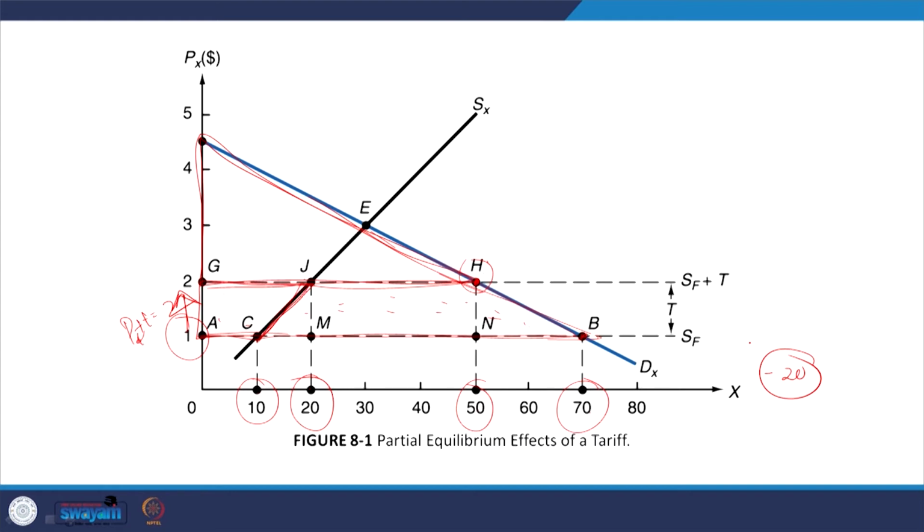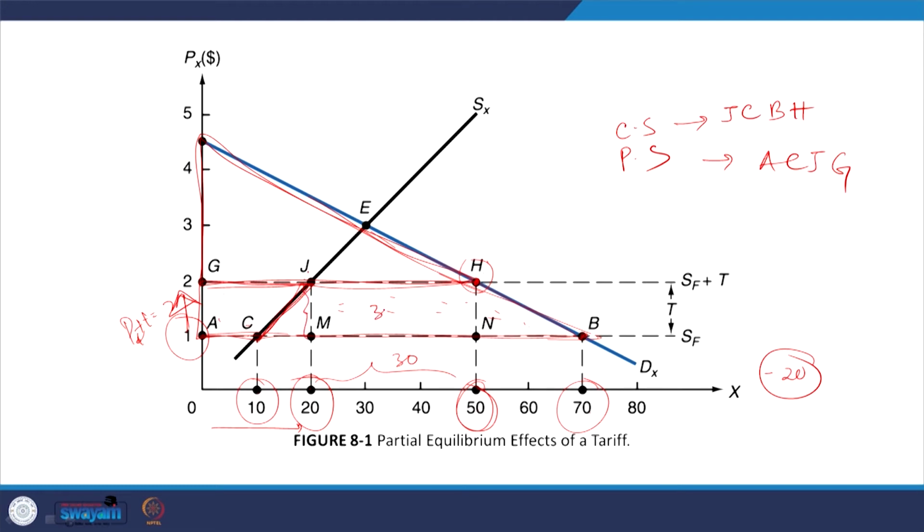Now, consumer surplus and producer surplus can also be derived. So, producer surplus is nothing but the area A, C, J, G, as we have already discussed, whereas consumer surplus is the area J, C, B, H. Now, out of all those things, how much is imported? 20 units are produced by the domestic producers, but 50 units are still consumed, so the net import is 50 minus 20, which is basically 30. 30 units times the tax paid of 1.